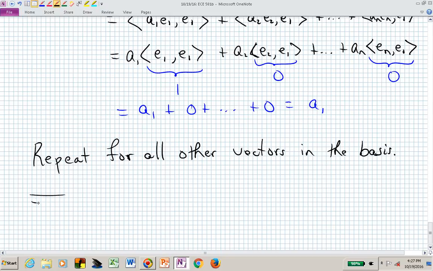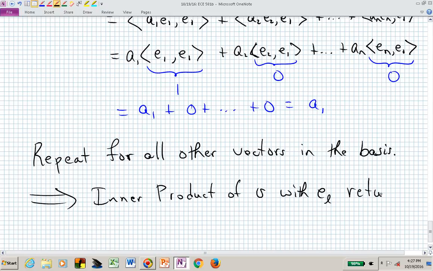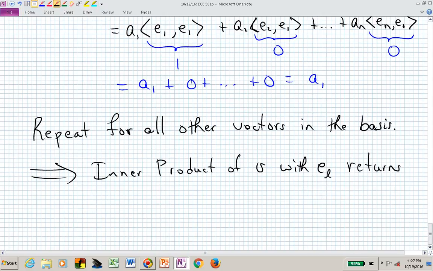And in so doing, that says the inner product of the vector with these basis vectors E sub L actually returns these.